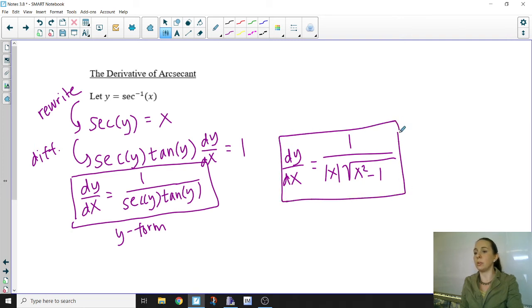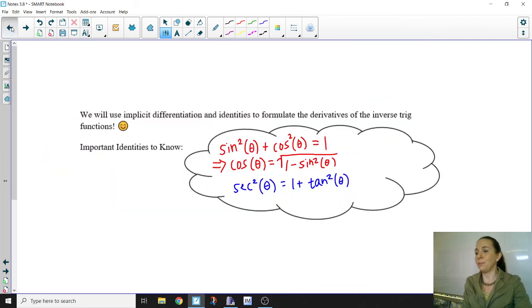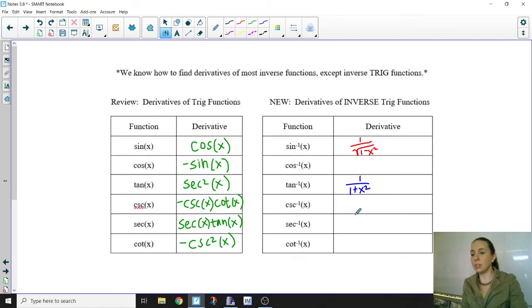Again, if you want to know more about why that came to be, you could Google it or reach out to me and I will gladly give you a better explanation than what I'm doing here. Okay, so I'm going to write that one in as well. Inverse secant is 1 over the absolute value of x times the square root of x squared minus 1.